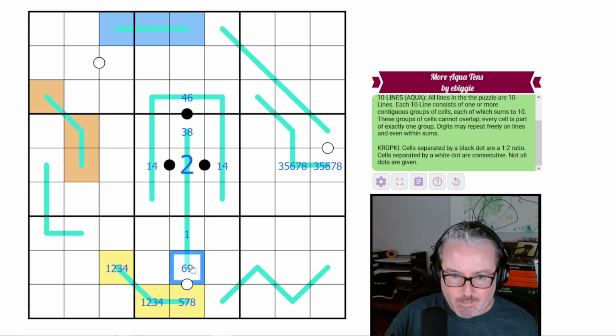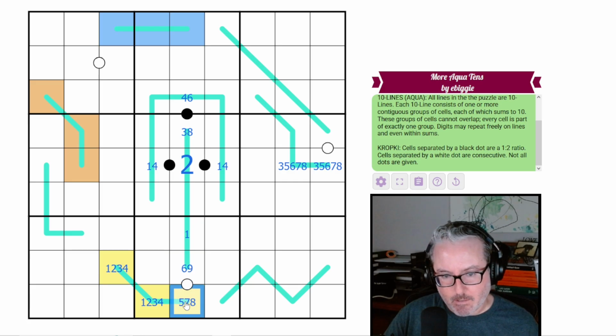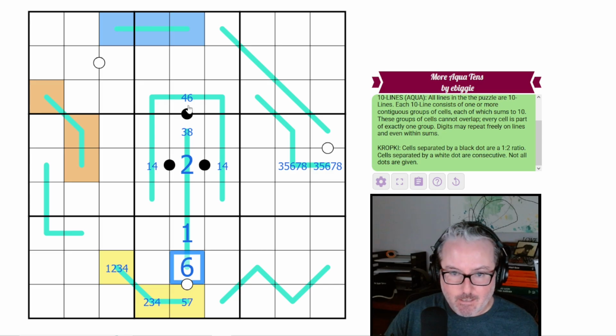If this is a 6, no matter what you put here, that forces this to be the 8, 4, which means the 6 has to have a 1, 3 pair, and this can't be 1. This is 1, which means this isn't. That now removes 8 from the equation, which means this is 6. Goodness gracious, this is 4 and 8. This is 3.